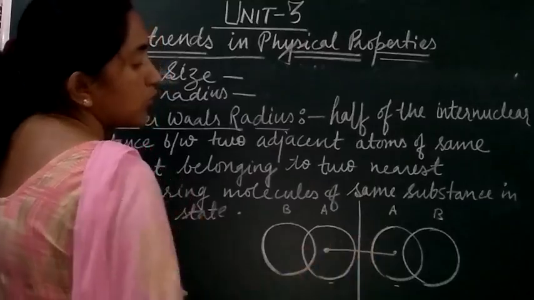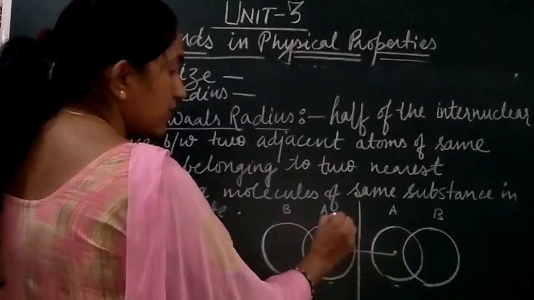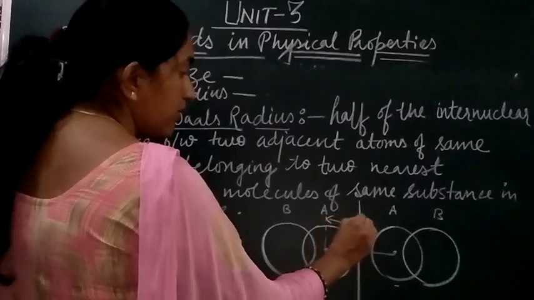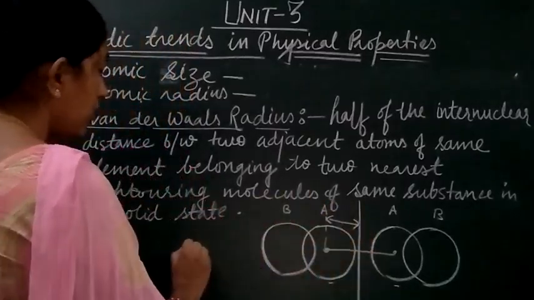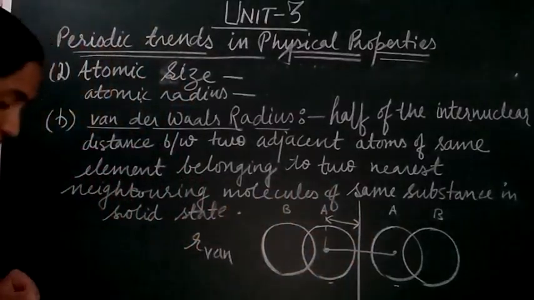Now these neighboring molecules will be of the same substance in the solid state. So students, this distance will be known as the van der Waal radius. It is written in this way, r van der Waal radius.